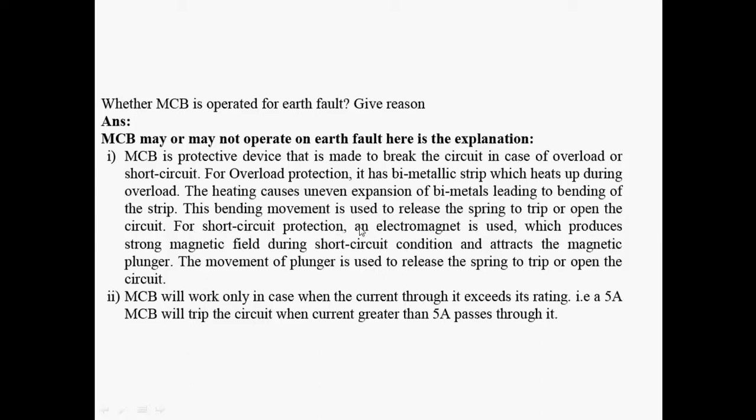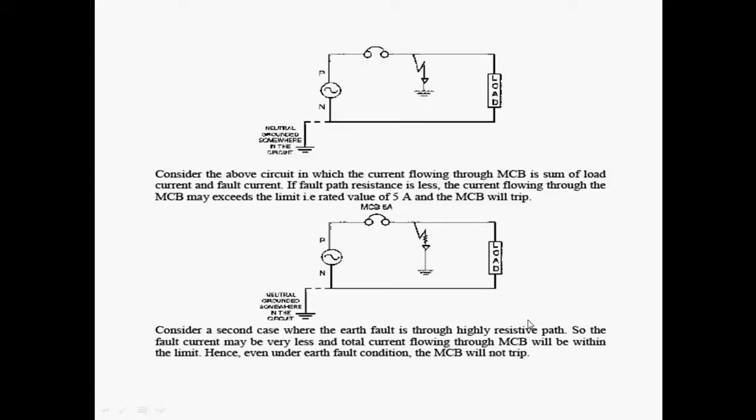For short circuit protection, an electromagnet is used which produces a strong magnetic field during short circuit condition and attracts the magnetic plunger. The movement of the plunger is used to release the spring to trip or open the circuit. The MCB will work only when the current through it exceeds its rating, that is 5 ampere. The MCB will trip the circuit when a current greater than 5 ampere passes through it.